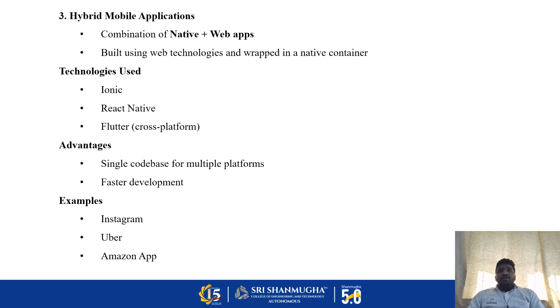The main advantage is that developers can use a single code base to build apps for Android and iOS, which saves time and cost. Hybrid apps provide good performance and faster development. Examples include Instagram, Uber, and Amazon.